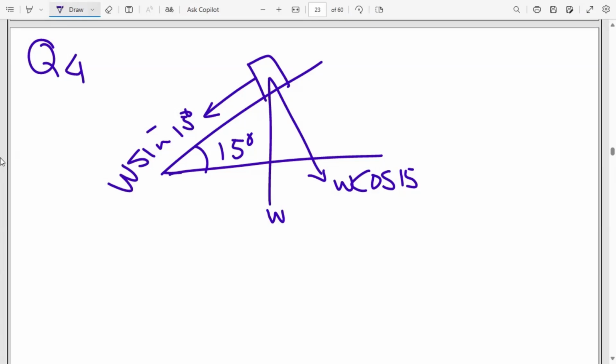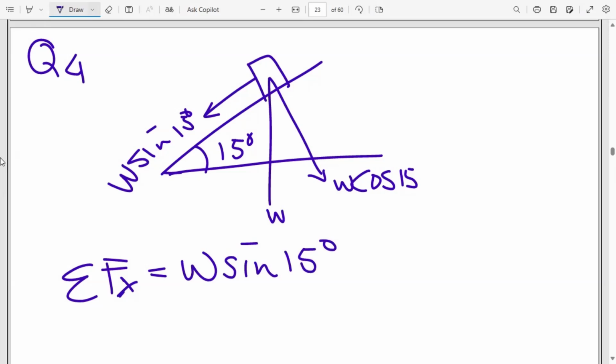That means the magnitude of the net force that is causing this acceleration will be along the x-axis. So the summation of forces in the x, or F net in the x, will be equal to the force that is causing this acceleration, which will be W sine 15 degrees. That is the only force that is causing motion along the incline.